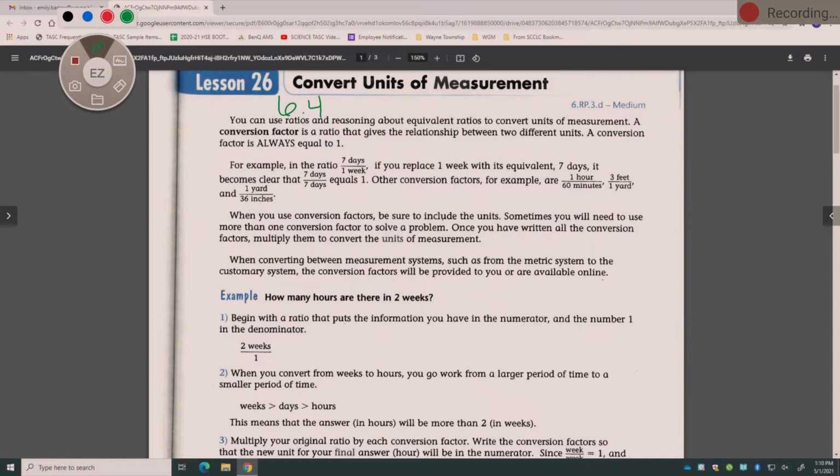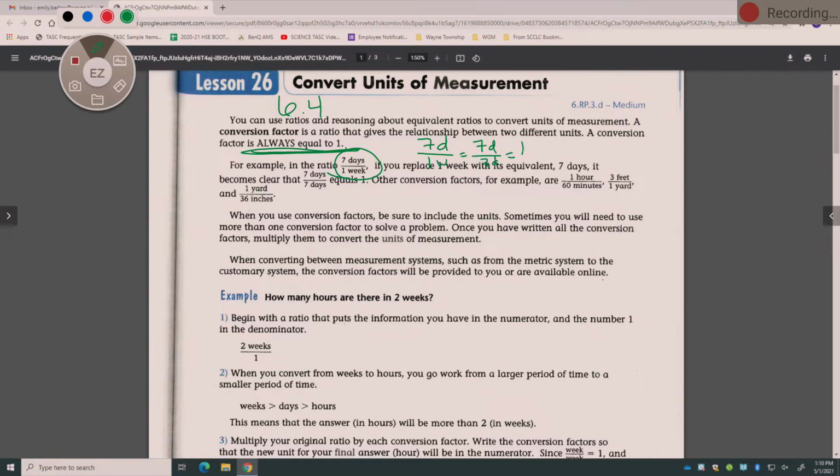So if we look, our ratios in conversions always equal 1. So if I say 7 days to 1 week, that still equals 1, right? Because 7 days to 1 week is the same thing as 7 days to 7 days.